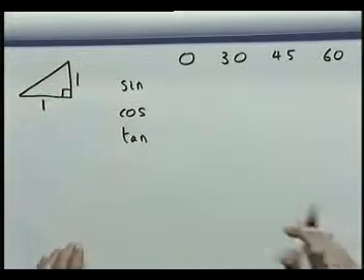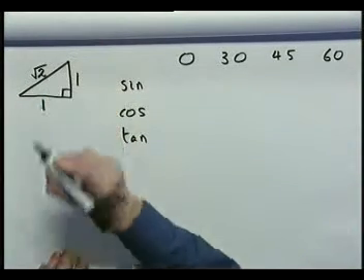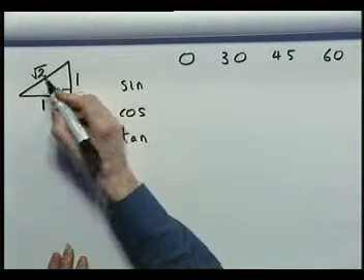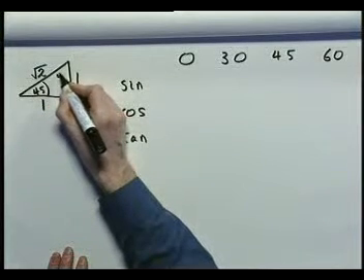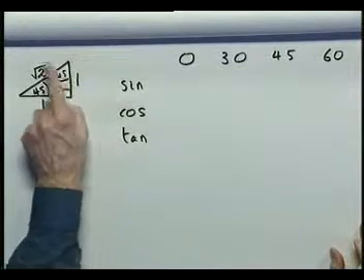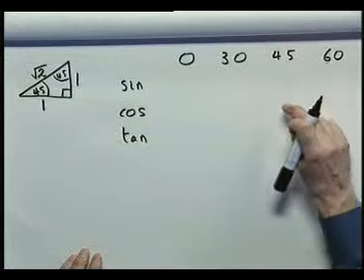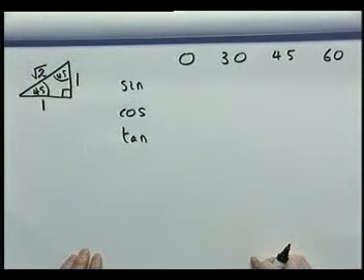So the length of the hypotenuse must be root 2. And each of these angles, because it's isosceles, are 45 degrees. So, from that triangle, can we read off the sine, cos and tan of 45 degrees?